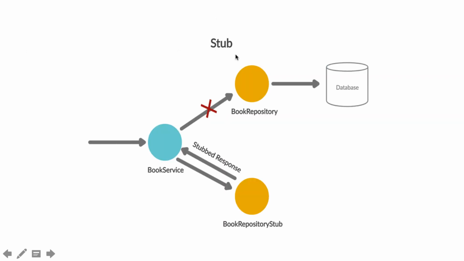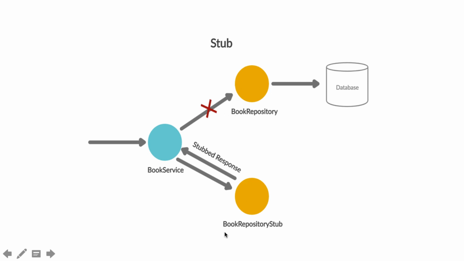If we look at the example, let's say our test calls the book service class and we want to test one of its methods. The book service class is dependent on book repository, which communicates with the database. When we want to test the book service class, we usually don't go to the actual book repository.